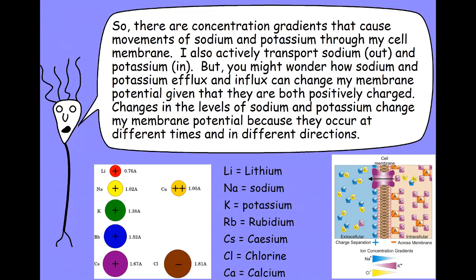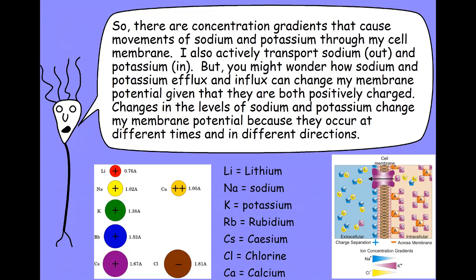And there are chemical gradients where the concentration is high. Diffusion wants to push those elements to where the concentration is low. So both passively and actively, there's a transport of sodium out and potassium in to our neuron.